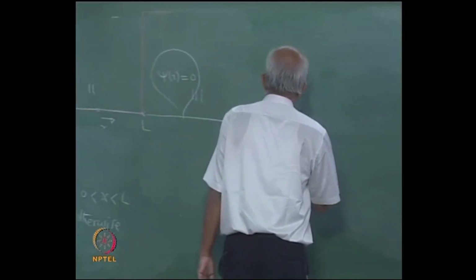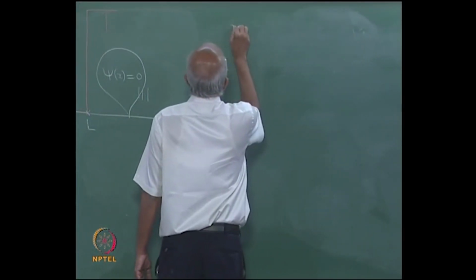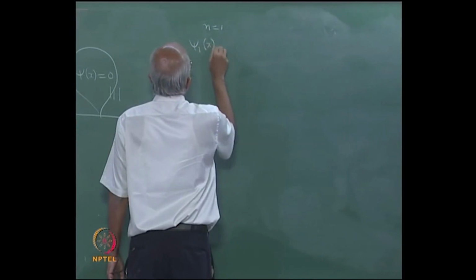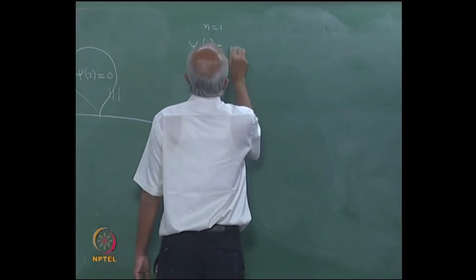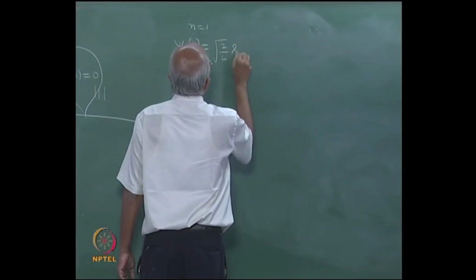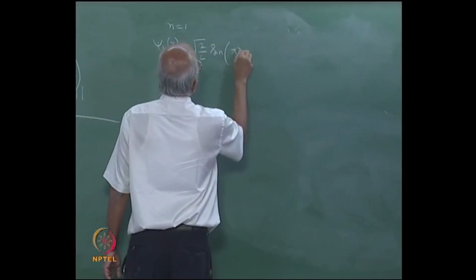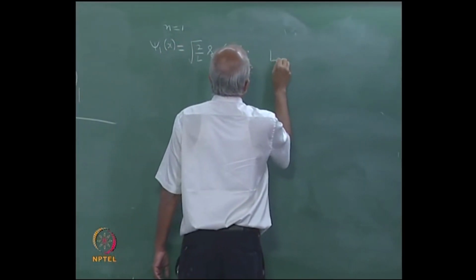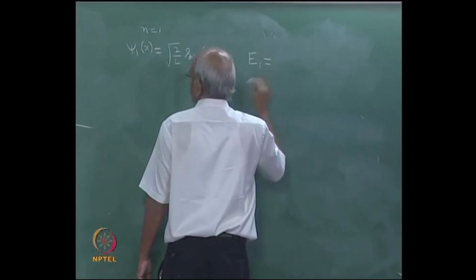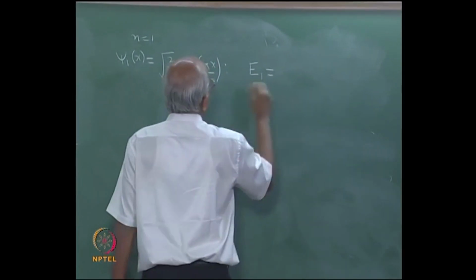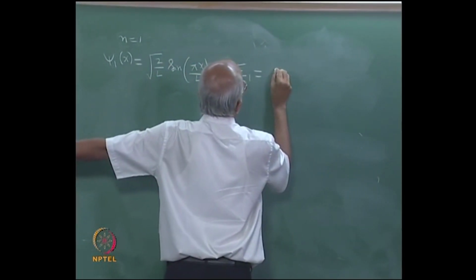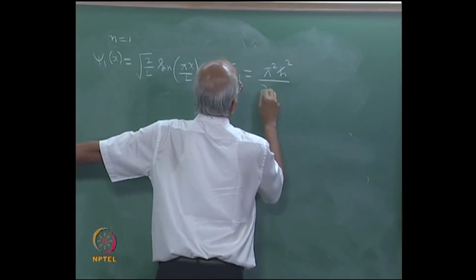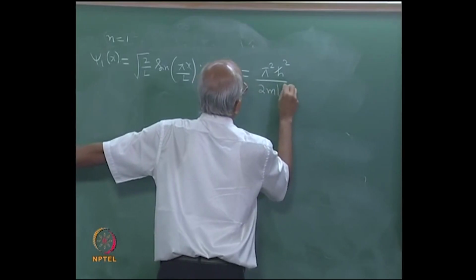If n is equal to 1, I will have the function psi 1 of x, given by square root of 2 by L sin pi x by L. The associated eigenvalue will be E1, which is equal to, what is the expression? In that expression, you will have pi squared h cross squared divided by 2m L squared.